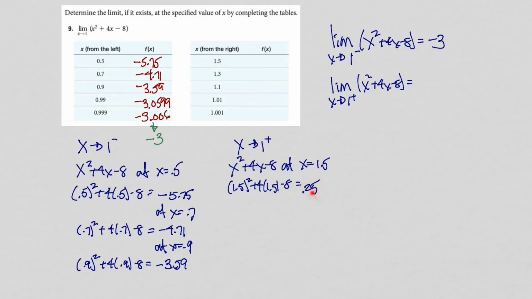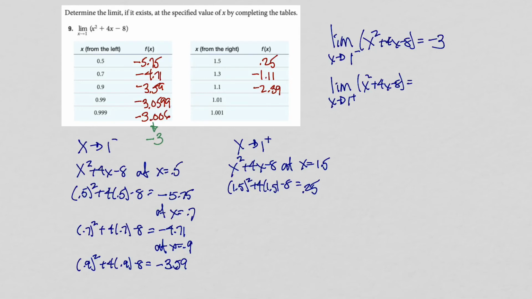So I'm going to take that 0.25 and write it in as my function value up here. Then when I put in 1.3, 1.3 squared plus 4 times 1.3 minus 8, I got negative 1.11. I'm just going to fill that in. Then at 1.1, I got negative 2.39.